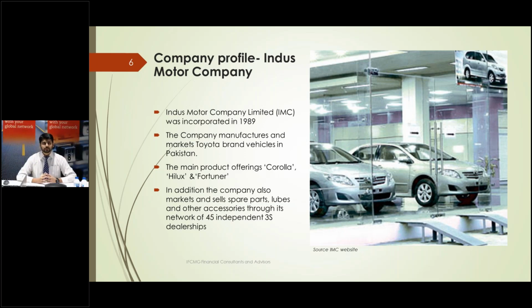In addition, the company markets and sells spare parts, lubes, and other accessories through its network of independent 3S dealerships. It also provides after-sales services, from which it generates revenue, like when clients come in to get their cars dented, painted, and mechanically repaired, and so on.